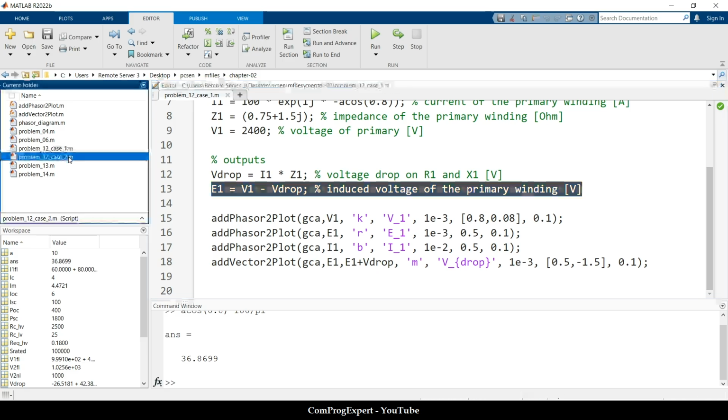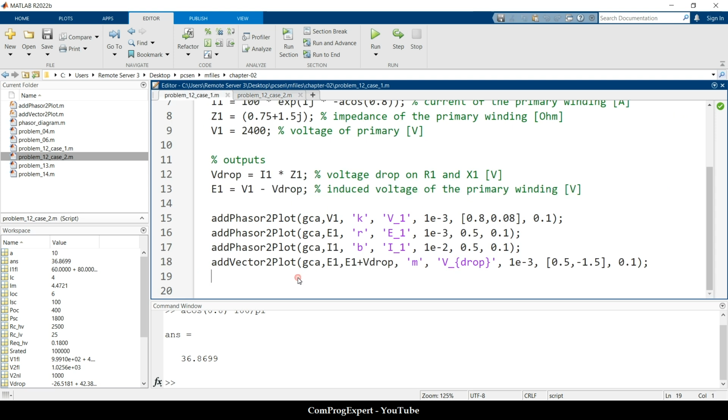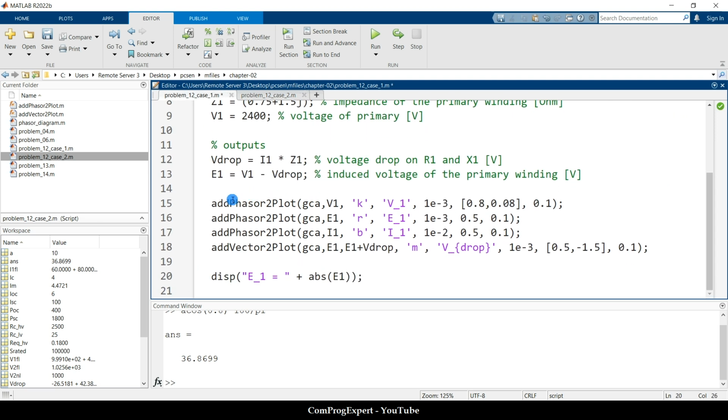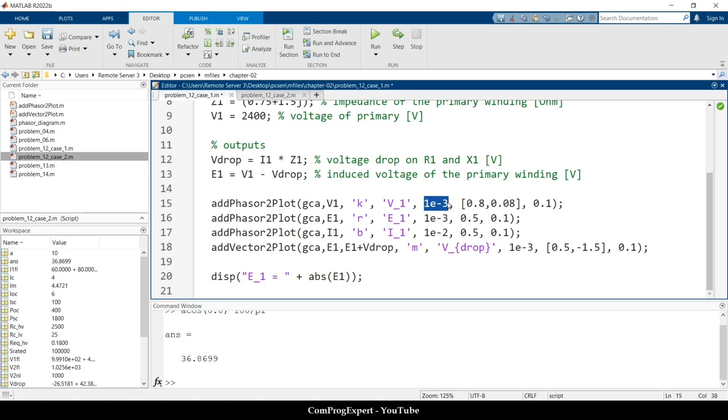Let me copy this code. I just want to show the amplitude of E1 at the end of this M file. Here I generate the phasors and add them to the axis. As you know, we need to set the scales properly because the amplitude of the voltage is different from the amplitude of the current. We need to set scales to generate a good phasor diagram.